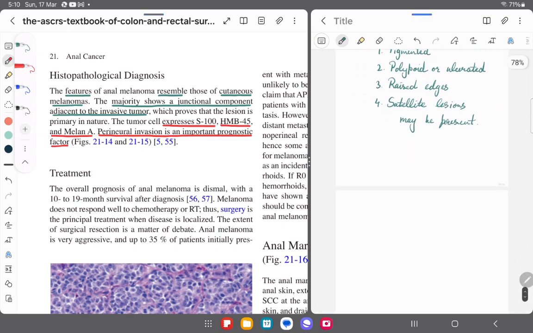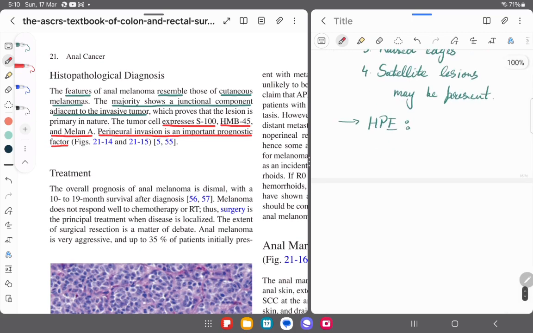So, histopathological diagnosis. Junctional component adjacent to the invasive tumor in the majority, and expresses S100, HMB45, and Melan A. So this would be found in the biopsy, on immunohistochemistry.